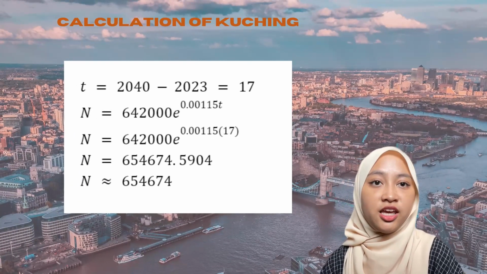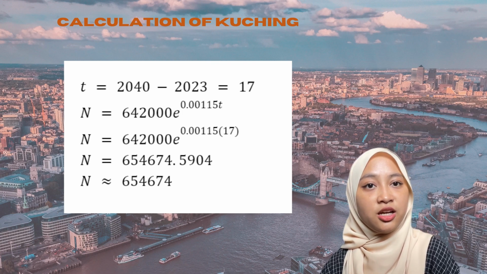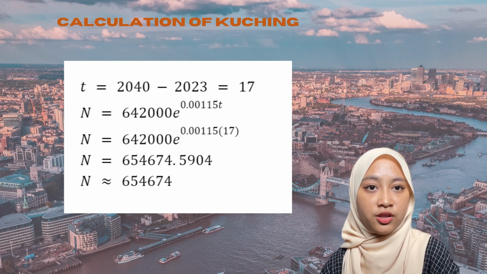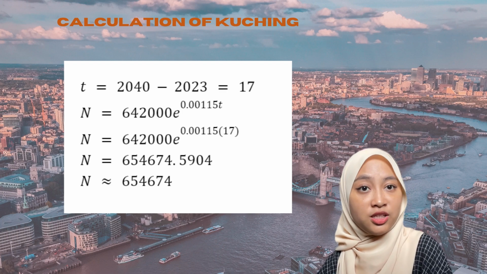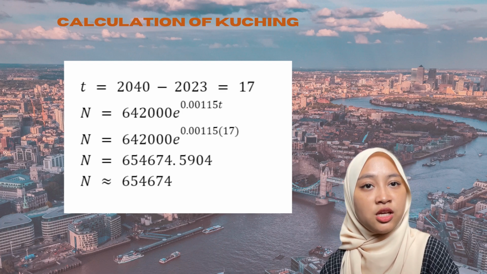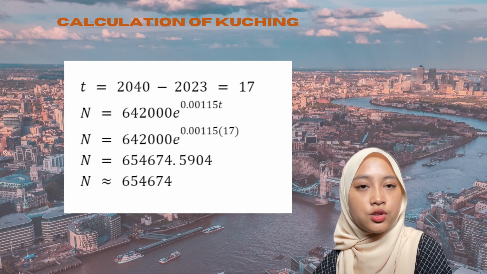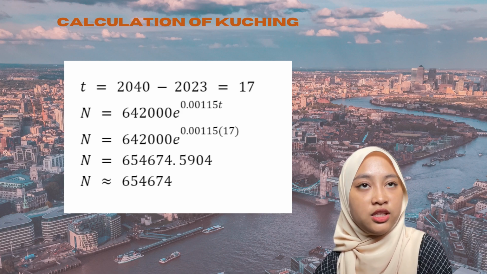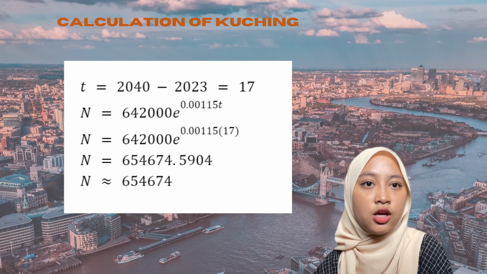After that, insert the values into the formula and we're going to get the value of k. Since we already got the value of k, we can calculate the number of population in 2040 by using the same formula N equals A times e to the power of kt. So we need to know the value of t, that equals 2040 minus 2023, that equals 17.